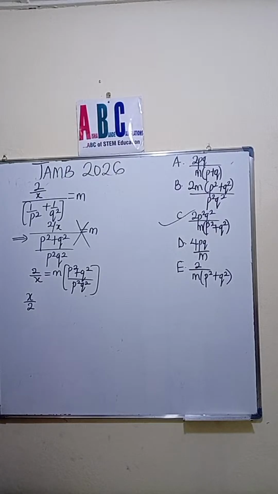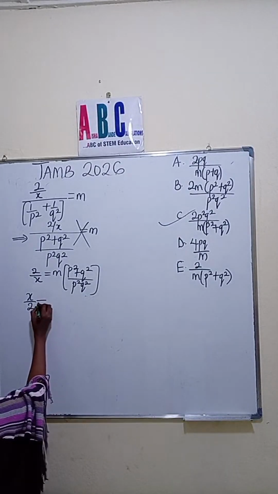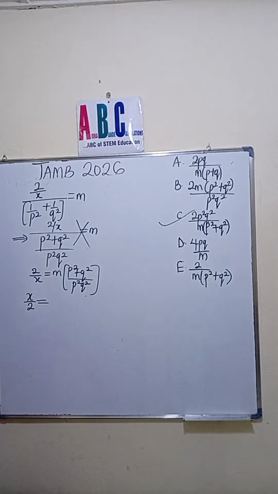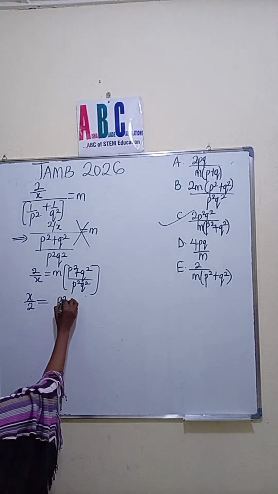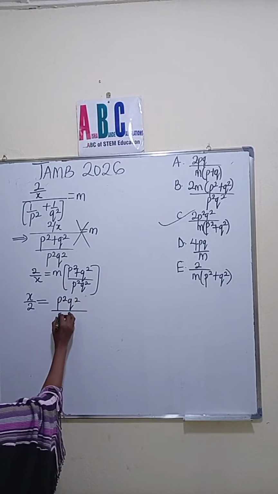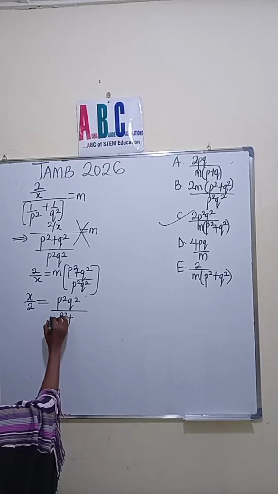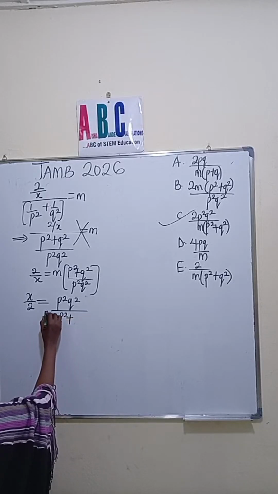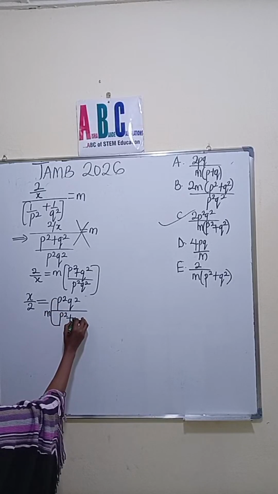I'm trying to understand why it is x over 2. Reciprocal. Okay. With the m coming first, it will change its position.